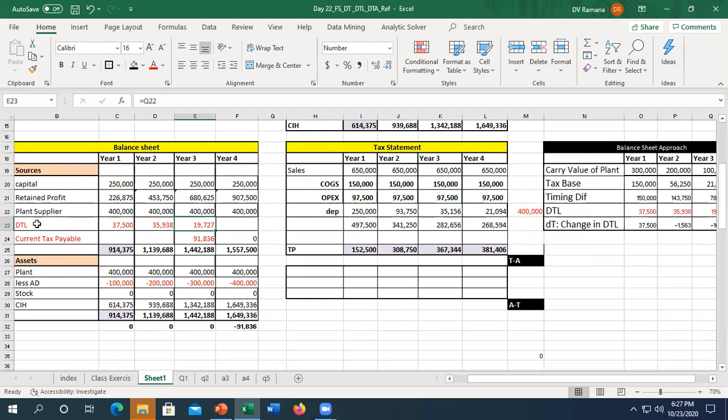Is DTL the same as other liabilities like plant suppliers, loans, bonds? Because this is created to show the difference between accounting profit and tax profit arising out of the temporary differences.